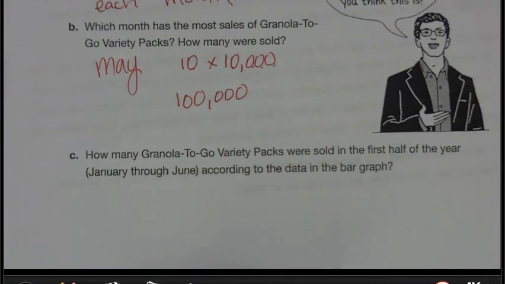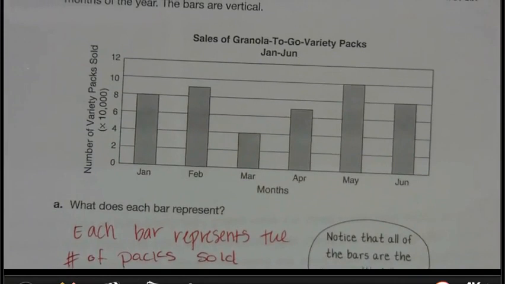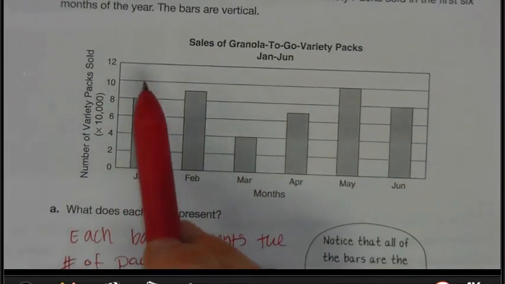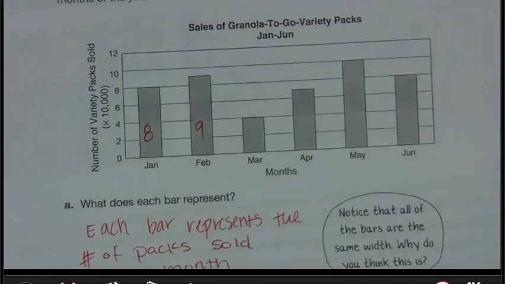Letter C, how many granola to-go variety packs were sold in the first half of the year, January through June, according to the data in the bar graph? All right, so January, we're at 8. February, I'm at 9.